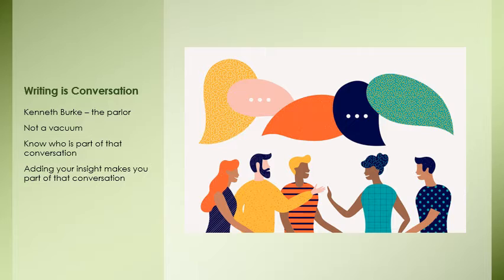A parlor, for those of you who are too young to understand that term, is like a sitting room, a place where your guests go to talk. He talks about imagining that you go into a parlor where there's a conversation going on, and people have been talking about this conversation long before you got there. You enter, you listen, you find out what's going on, then you enter the conversation, and you start talking to other people, and then the night gets late and you leave.